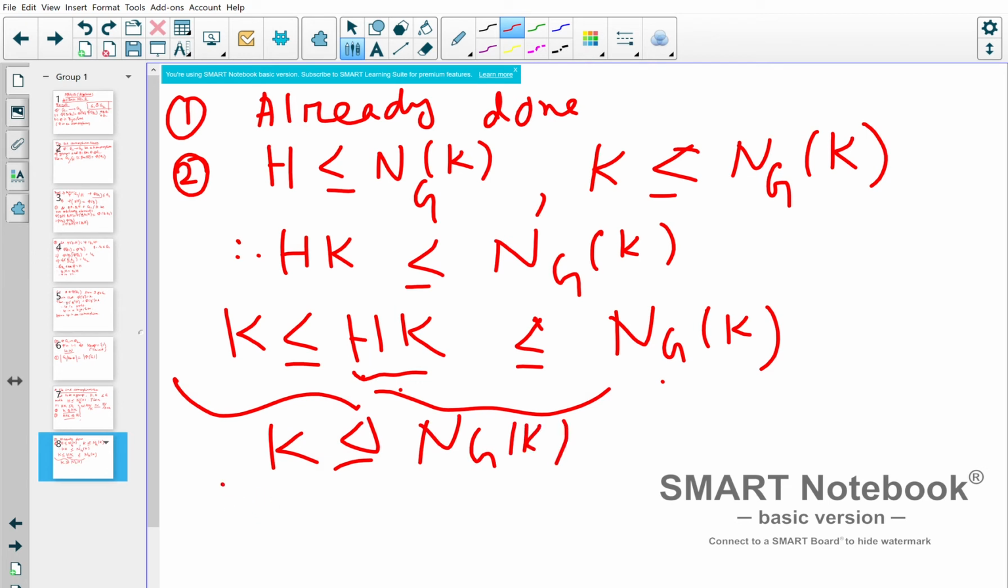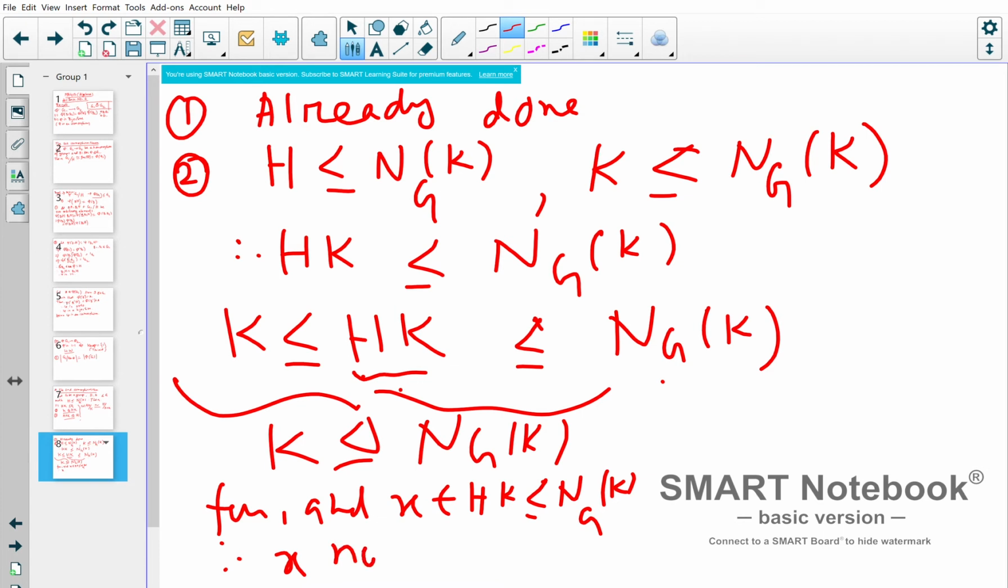Because for any x belonging to HK, which is also an element of the normalizer of K in G, x normalizes K, meaning every element of K is normalized by x, and thus K is a normal subgroup inside HK, right?